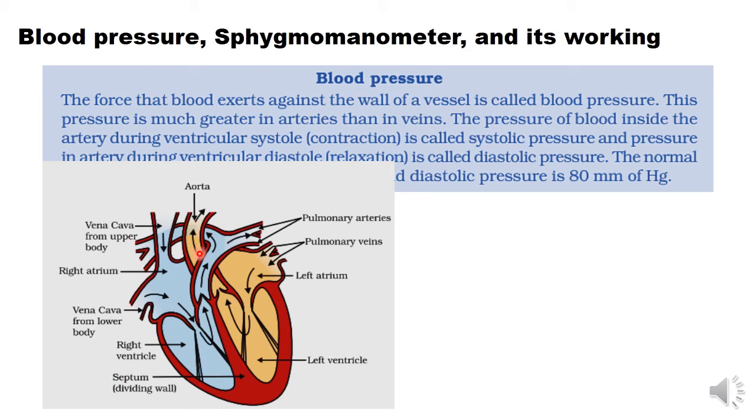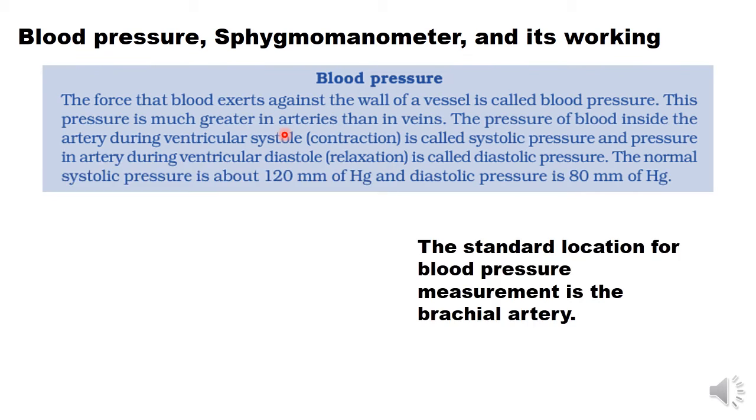Because remember children, the heart is protected inside the rib cage. So what we do instead is just target any other artery down the network which is not inside the rib cage, and then we will be targeting that artery to understand what pressure the ventricular systole had given to the arterial blood.